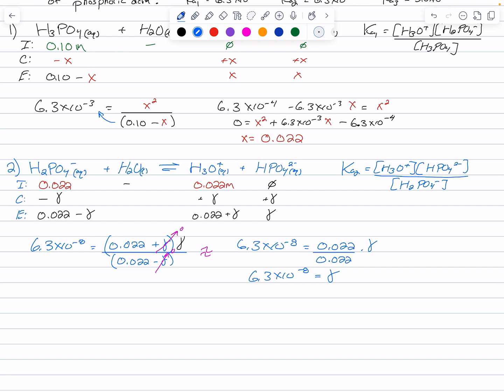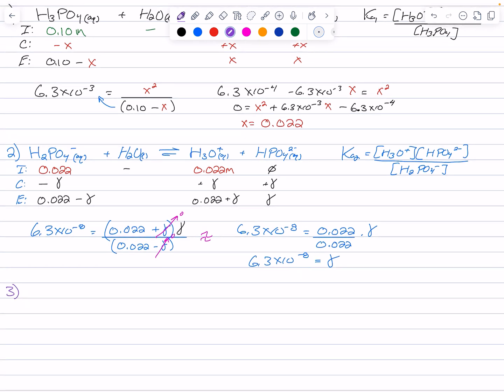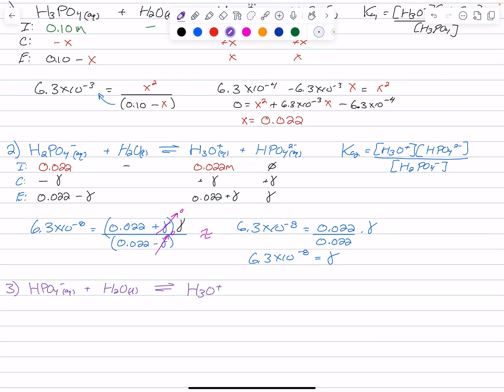What about 3? So for the third proton, right, I have HPO4 2 minus plus water going to hydronium and phosphate.